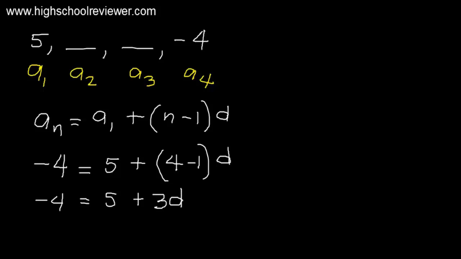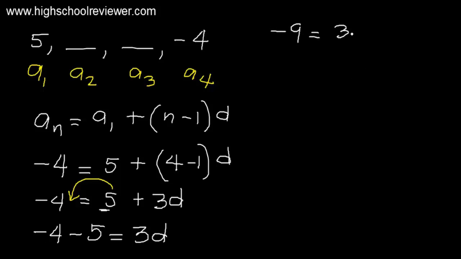To find d, we need to transpose positive 5 to the other side. If we transpose positive 5, it will change sign, from positive to negative 5. So negative 4 minus 5 is negative 9, equals positive 3d.